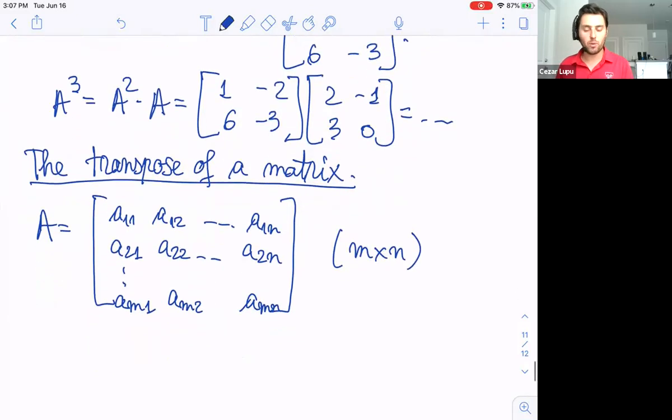Then for A transpose, I'm just going to take the rows and transform them into columns.